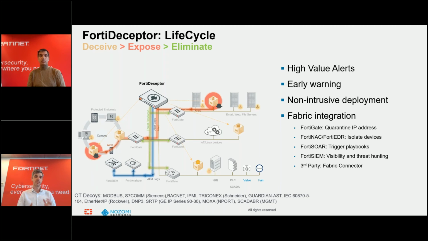We can send threat response automated integrations, basically with Fortinet's own products, like FortiGate for quarantining the IPs, EDR or NAC to isolate the devices, either from a network level or from a host-based level. You can trigger a playbook. So you can really do a lot of things, not just the alerting, but also the active response. Of course, optional. If you don't want automated responses to your events, we understand it's not always what you want in an IT environment, but it's definitely possible.